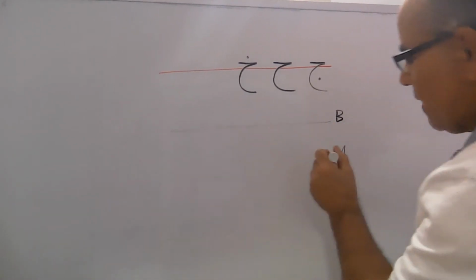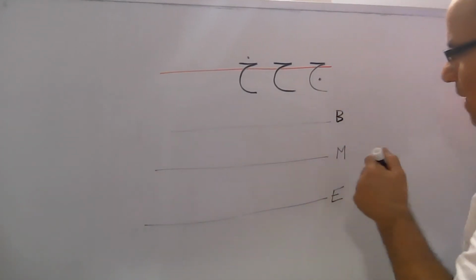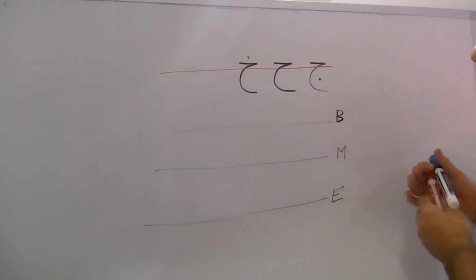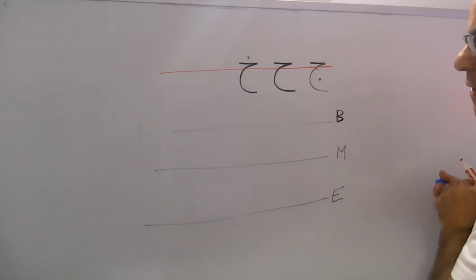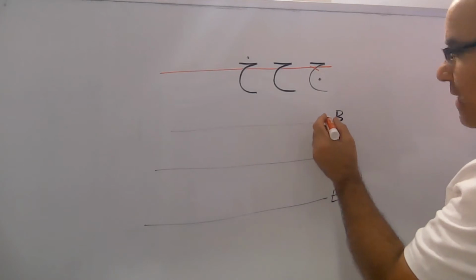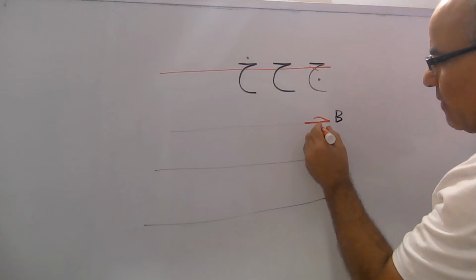As we learned in lesson 1, the way we do beginning shape, middle shape, and end shape, the beginning shape, we take the first part of the Arabic letter. That will be our beginning shape by extending the letter to the left to connect with the letter after.